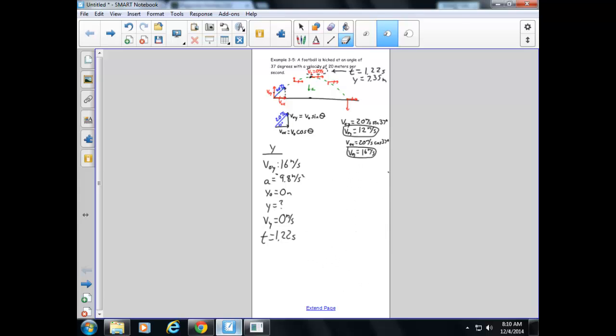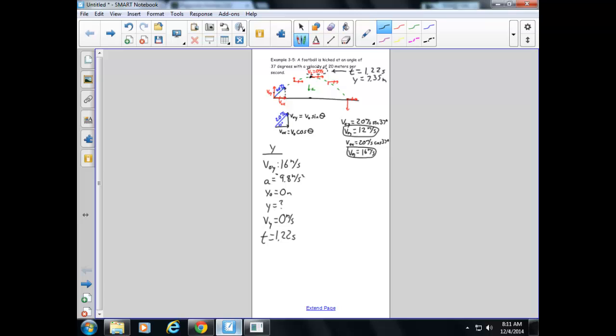Okay. The next part of the question, part B, asks for the time of travel before the football hits the ground. Now, this is a completely level surface. Since this is a completely level surface, the amount of time that the football took to get to the top of the flight is the same amount of time it's going to take for the football to get back down to the ground. That only applies for level surfaces.